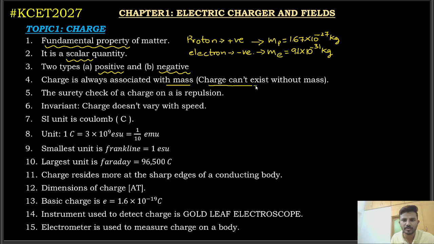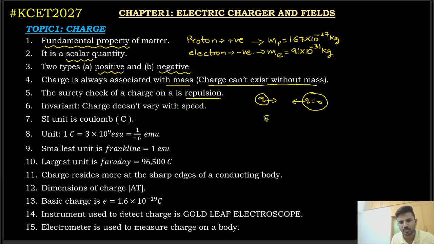This is very important. Next, the surety check of charge on a body is repulsion, because a charged body can attract a neutral body also. Let's consider the charge on this is 0, but still a charged body can attract a neutral body.